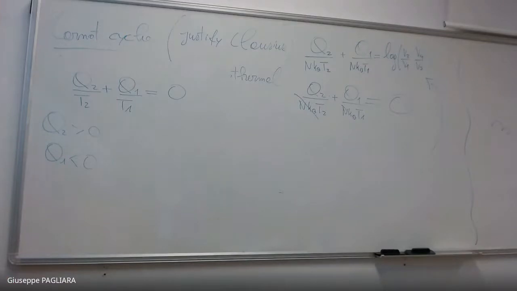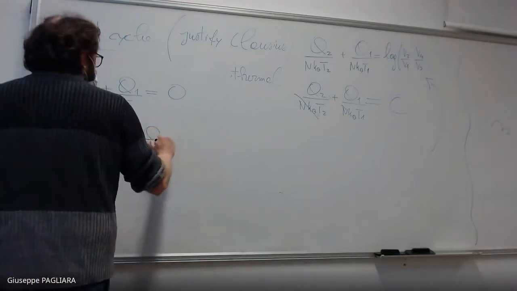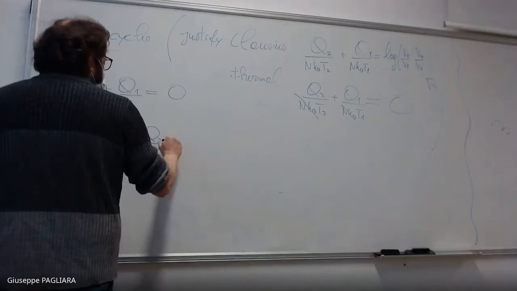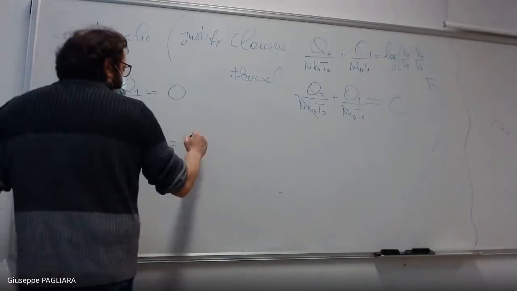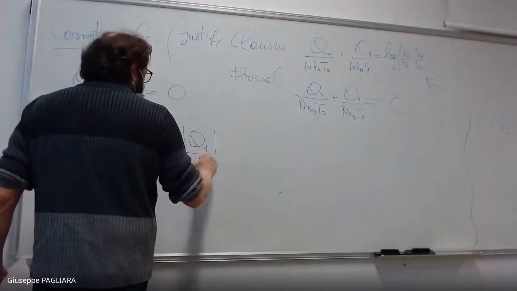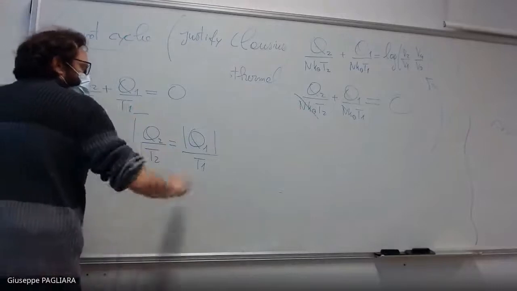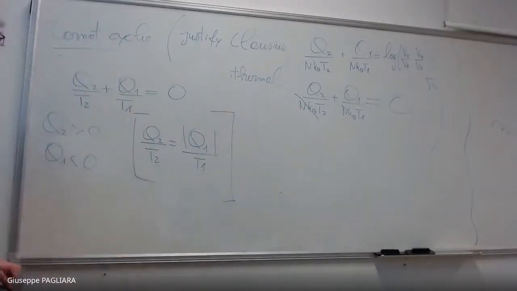In the case of Q1, the volume was smaller after the transformation. Okay. So that means that from this equation, I get that Q2 divided by T2 is equal to minus Q1, or if you want, Q1 absolute value divided by T1.